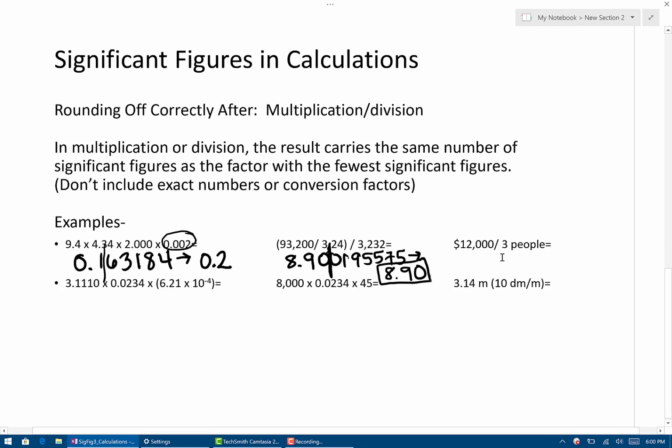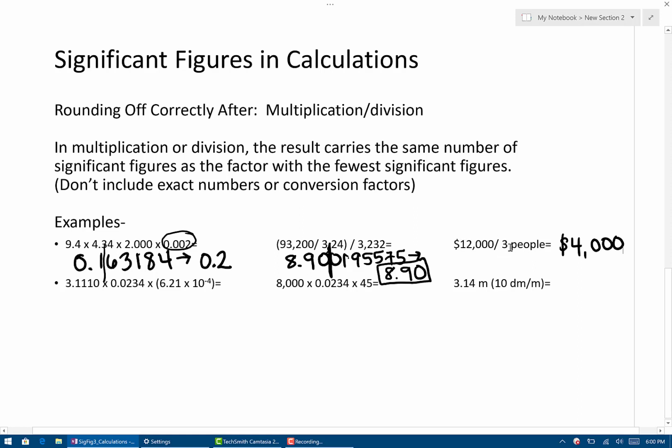Okay. In this problem here, where we have $12,000 divided by 3 people, if we do the math, 12,000 divided by 3 gives us $4,000. There's a couple issues with this question. If we consider our significant figures, the 12,000 has 2 significant figures.